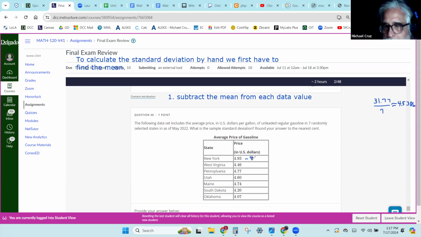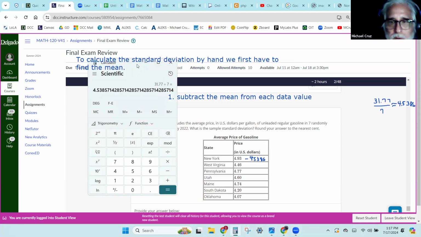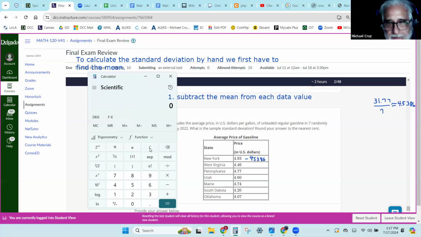So we're just going to do this all the way down. All right. So y'all watch me, make sure I'm on the correct track here. Minus.